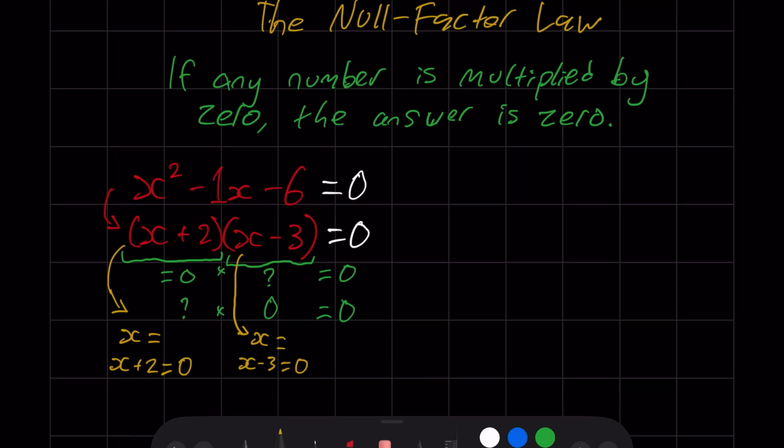Well, looking at the first one, if we want x plus 2 to equal 0, then x is equal to negative 2, because negative 2 plus 2 equals 0. And if x take 3 equals 0, then we know that x equals 3, because 3 take 3 equals 0. So the solution to this is x equals negative 2 and x equals 3. They are the points where we have an x-intercept.